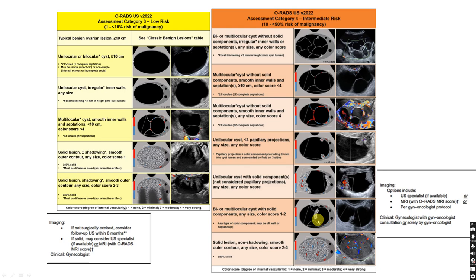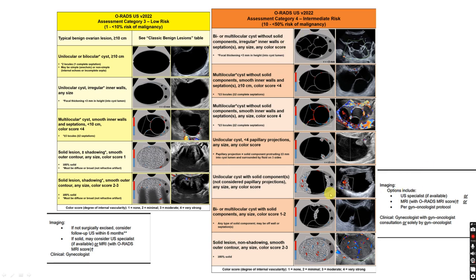This is multilocular, showing a solid component, but color score is 1 to 2. This is a solid lesion, not showing shadowing, but it is showing smooth border and color score 2 to 3, not 4. If it is showing color score 4, then it will go into the 5 category. And if it is showing shadowing, it will go into the 3 category.